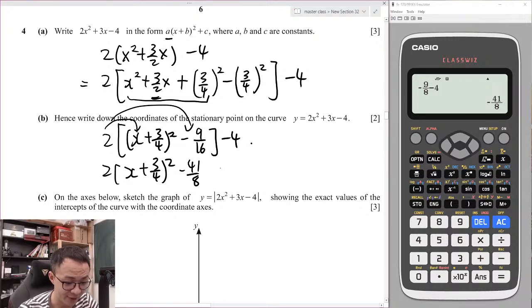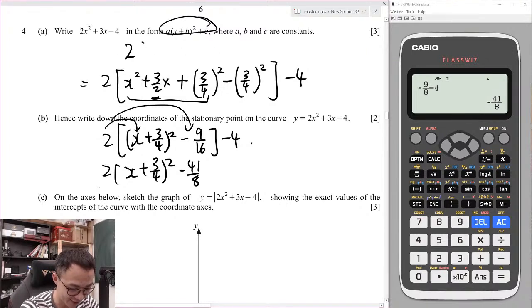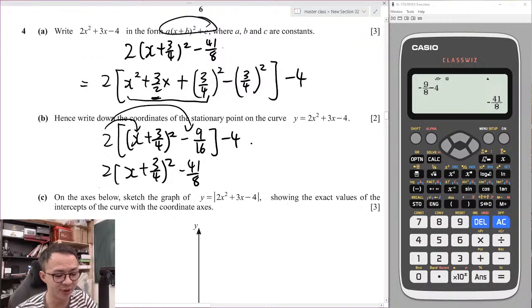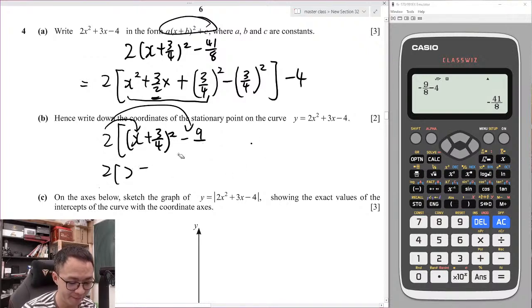Then I'm done, because this is the pattern they want. So I'm going to write my final answer somewhere here: 2 times (x + 3/4) squared minus 41 over 8. Okay, so this is how we do the complete square. Make sure you remember how to do it.